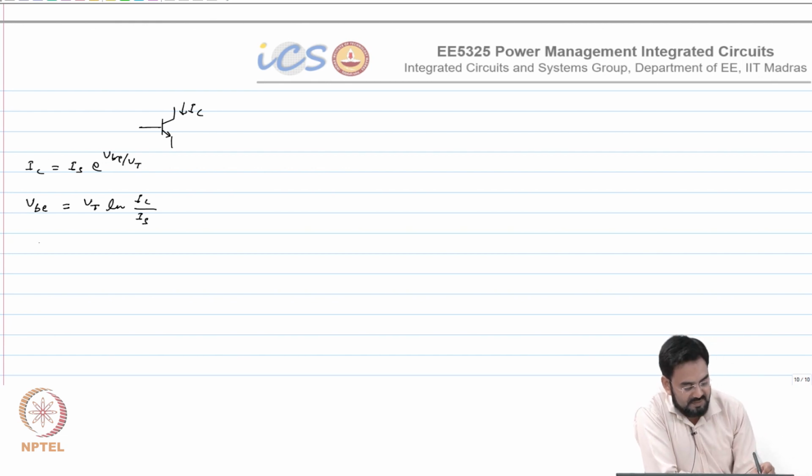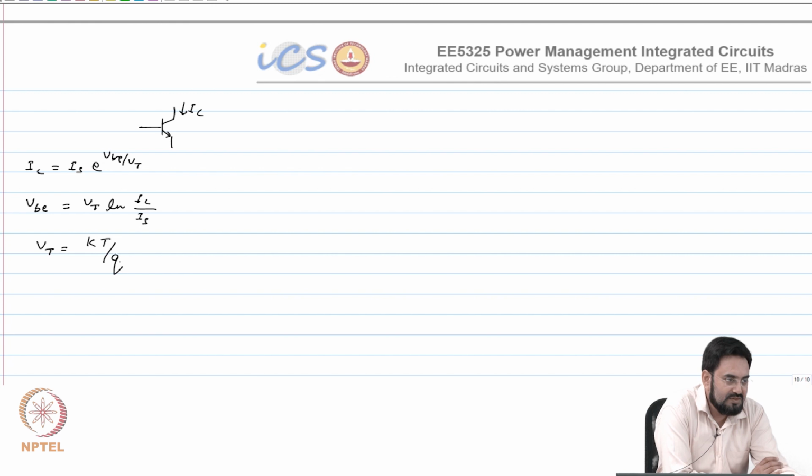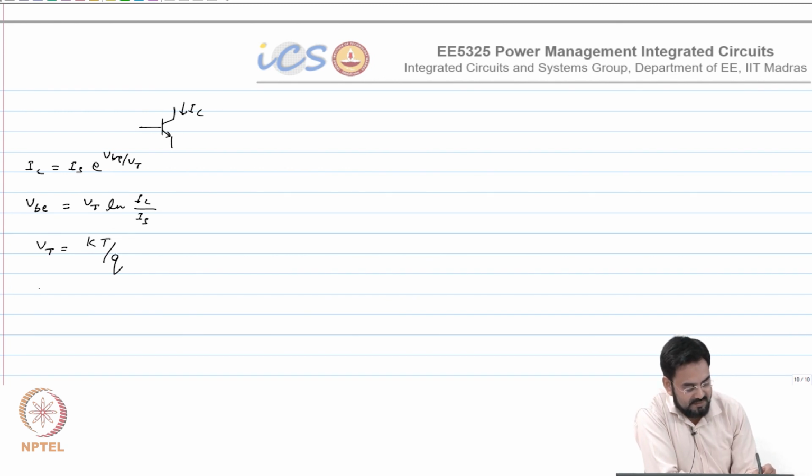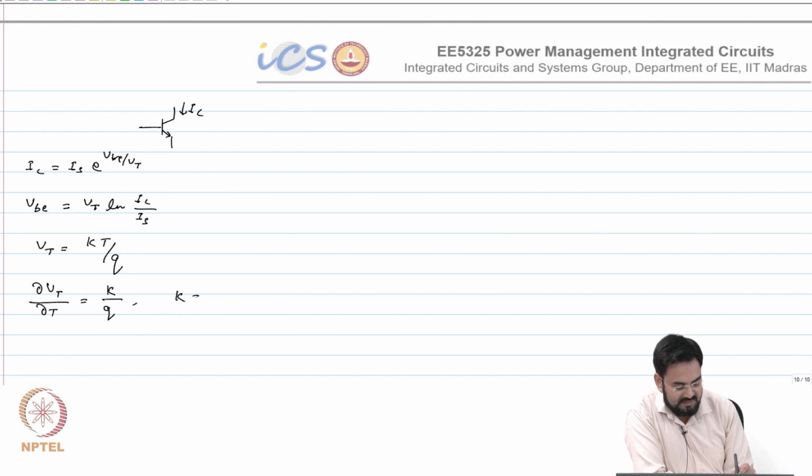Okay. VT is kT by Q. K is constant, Q is constant, and T is the temperature. So what is del VT over del T? What is K, what is the value and unit?